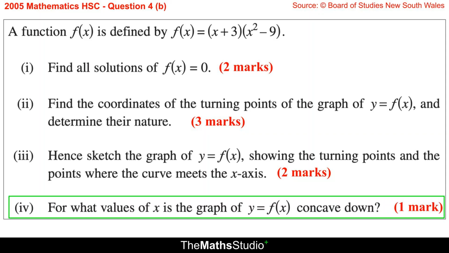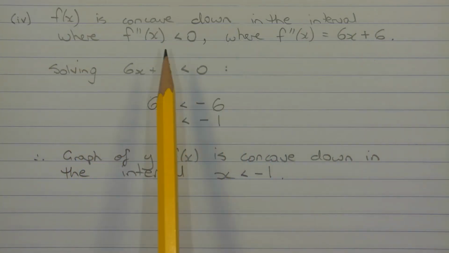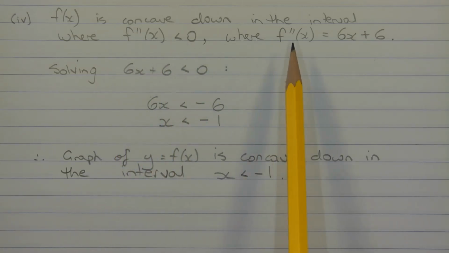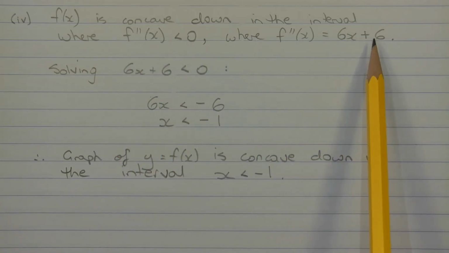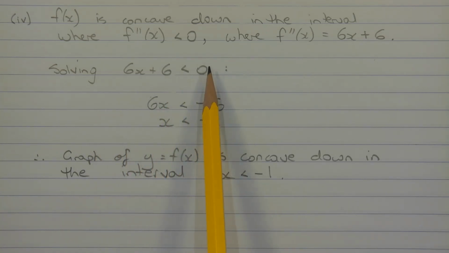Part 4. For what values of x is the graph of y equals f of x concave down? The graph of y equals f of x is concave down in the interval where the value of the second derivative f double dash of x is less than 0, where f double dash of x is 6x plus 6. So we need to solve the inequality 6x plus 6 less than 0.